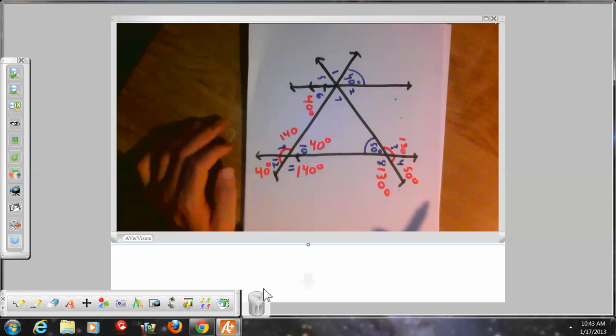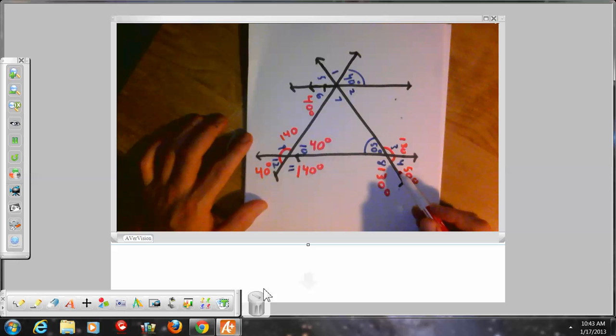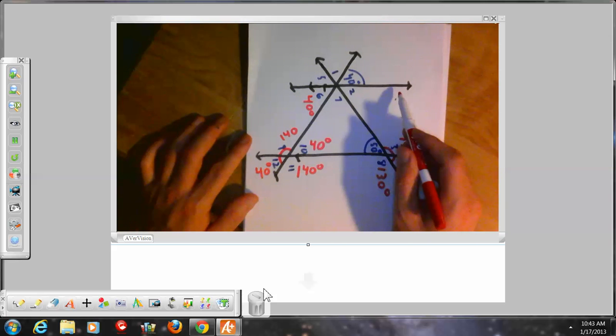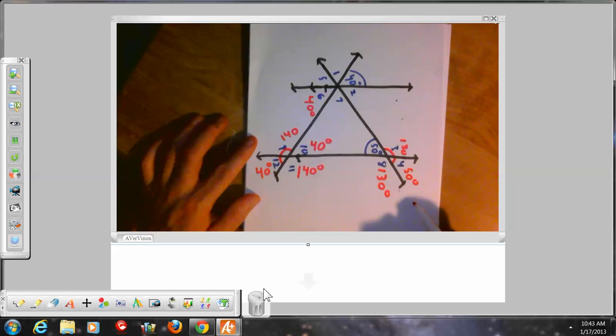Okay, so what we know is we know that this line over here, now look at, so what makes this problem complicated is they've taken a standard transversal and they've thrown another line in there to make it complicated. So we have these two lines that are parallel, and we have this line going like this over here, right?